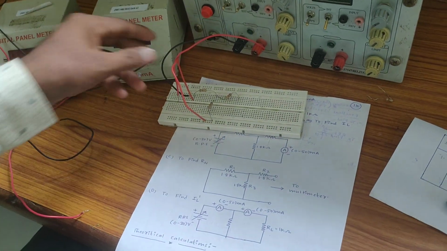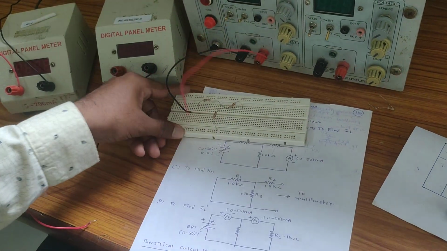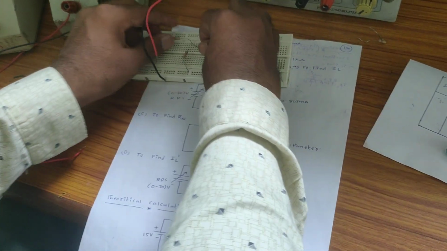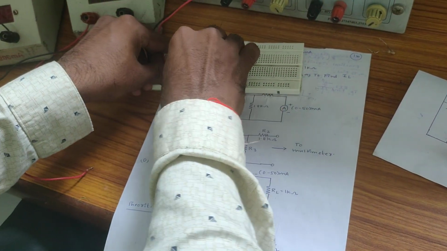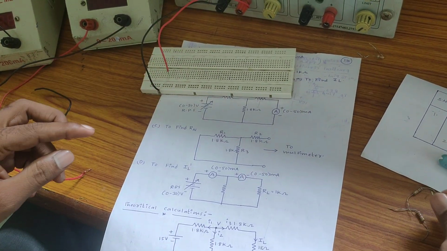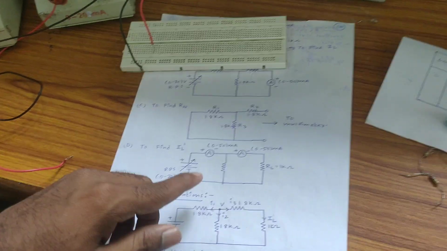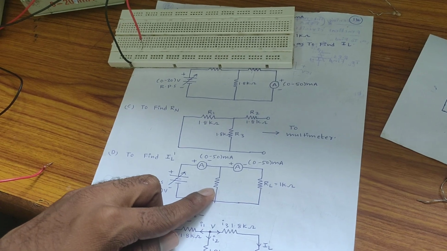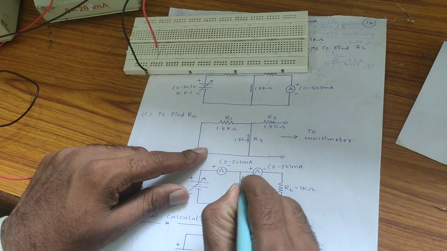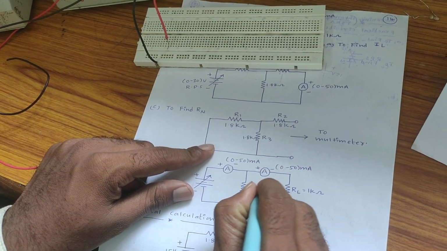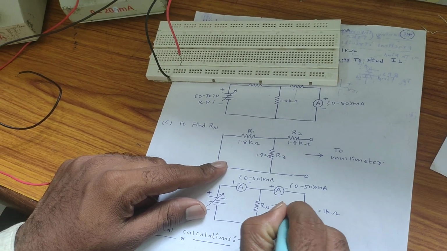Now see here, for this circuit, this is Norton's equivalent resistance, it is the Rn value. Theoretically this Rn value will be 2.7 kilo ohm.